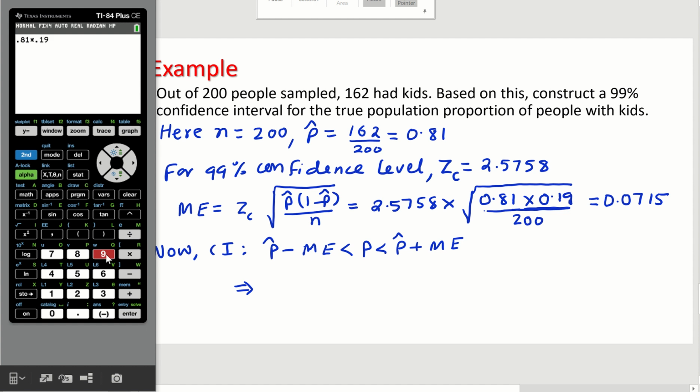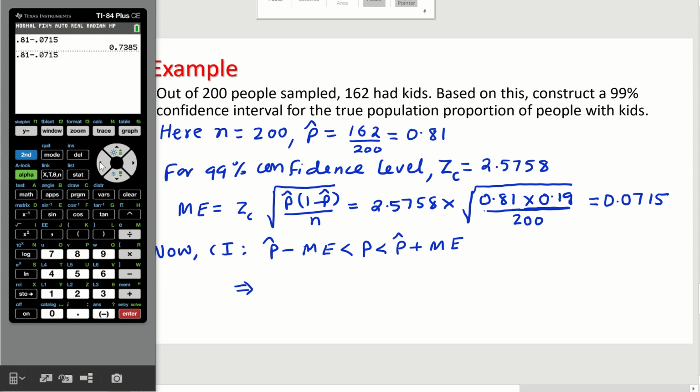No, something is not working here. Hold on. Okay, p hat is 0.81. Then you have a minus, and the margin of error 0.0715. Okay, that is the lower boundary for the interval.